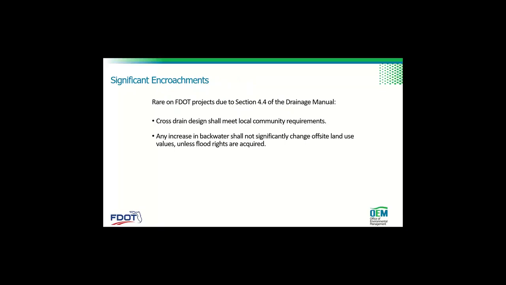A significant encroachment is rare on DOT projects due to Section 4.4 of the Drainage Manual, because we are required to meet local community requirements on cross drains design, and any increase in backwater shall not significantly change offsite land use values unless flood rights are required.